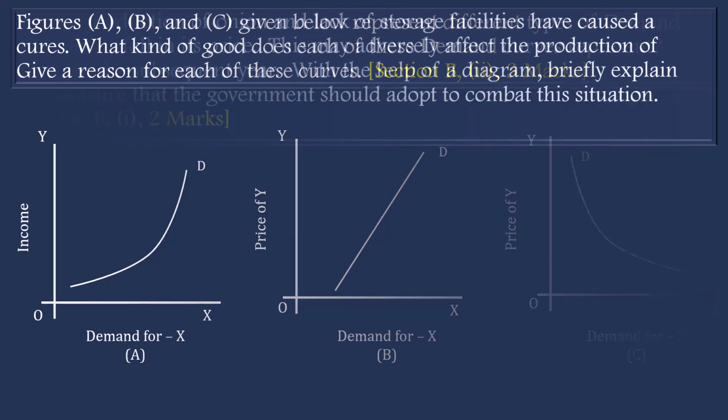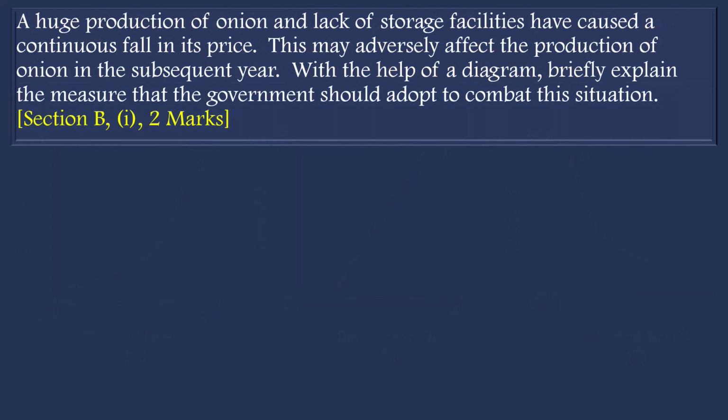Third question. The huge production of onion and lack of storage facilities have caused a continuous fall in its price. This may adversely affect the production of onion in the subsequent year. With the help of a diagram, briefly explain the measure that the government should adopt to combat this situation.